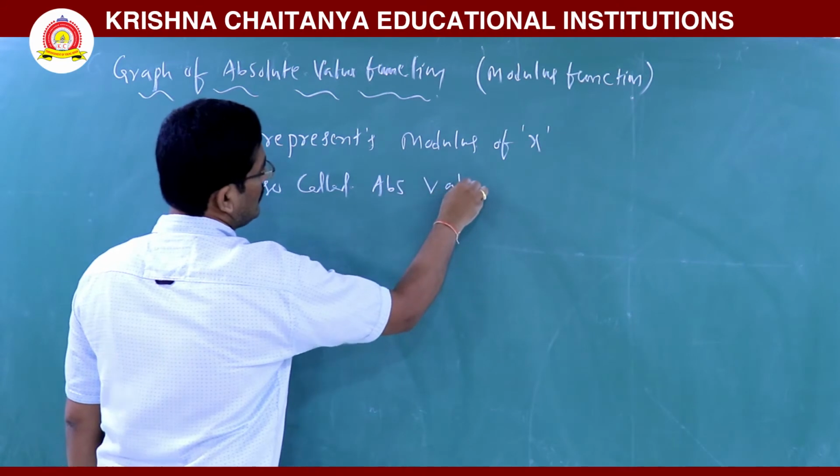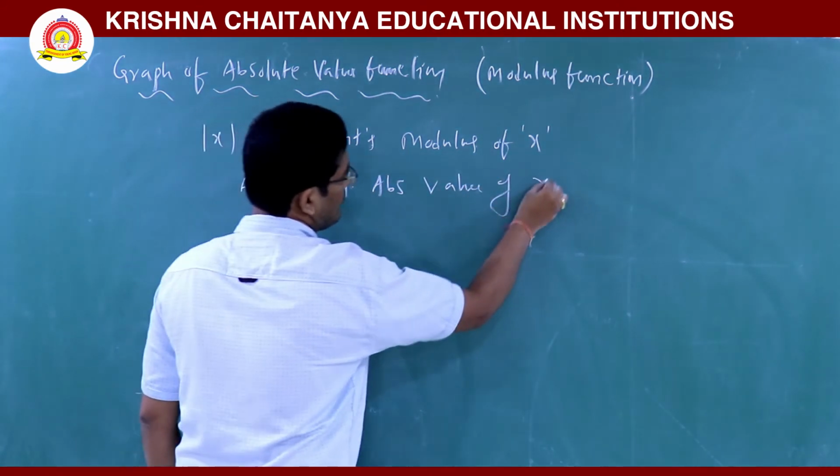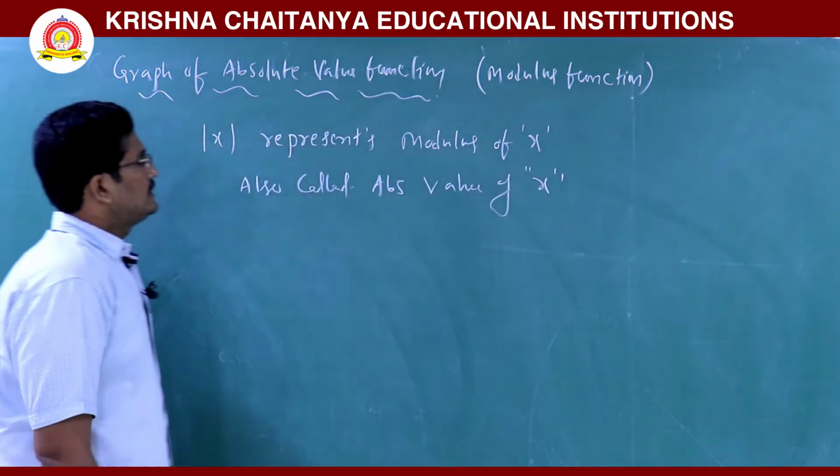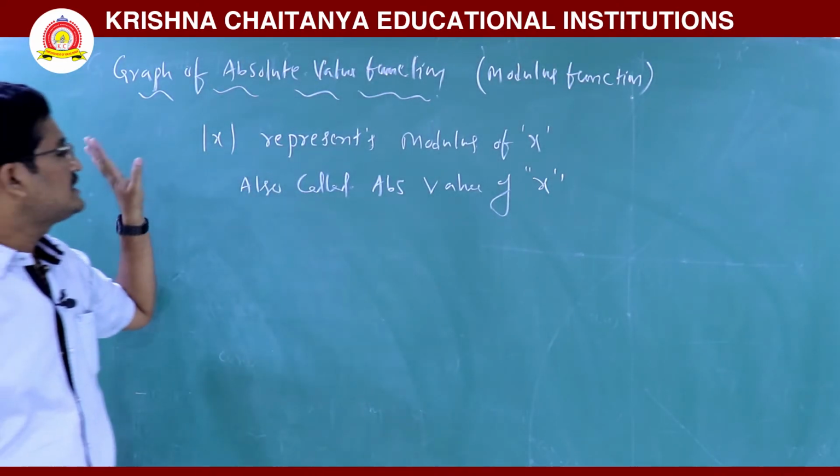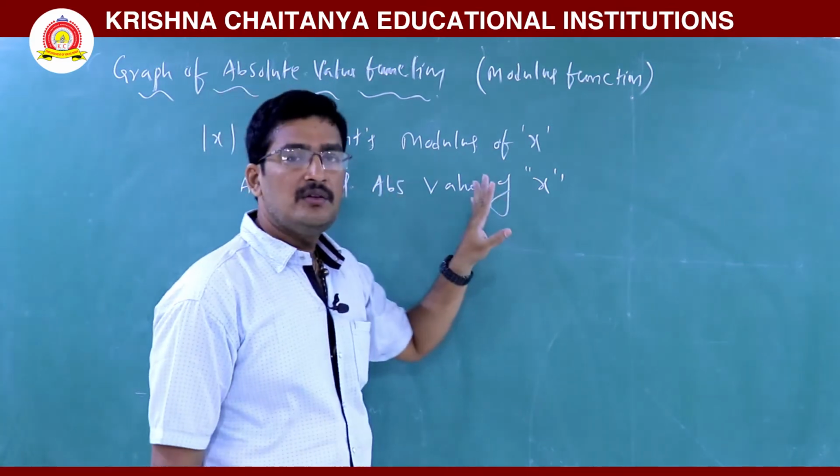Modulus of x is denoted with this symbol. You just have to notice that. It is also called the absolute value of x.